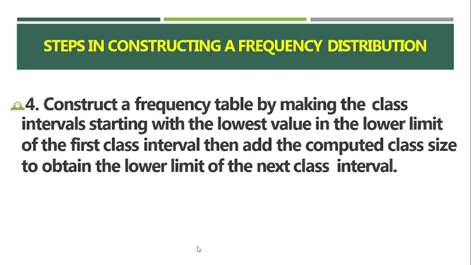In some cases, they show the lowest value up to the highest value. So again, when we are going to construct, we're going to start with the lowest value, the lower limit of the first class interval. Again, lowest value.